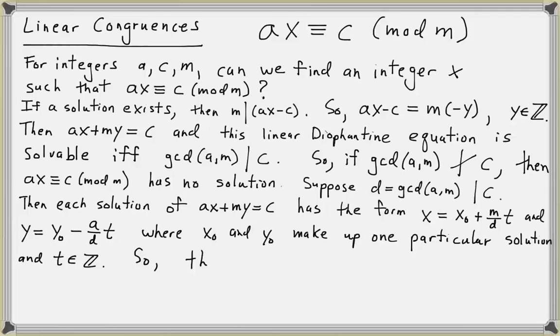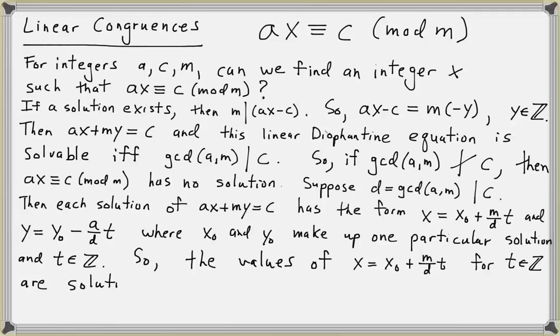So the values of x, which are some particular solution x0 plus m over d times an integer t, are solutions to the congruence ax congruent to c mod m.